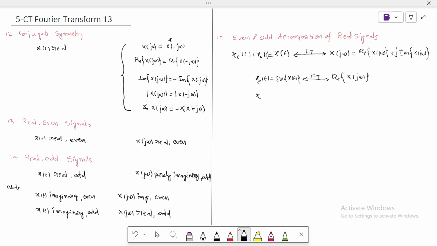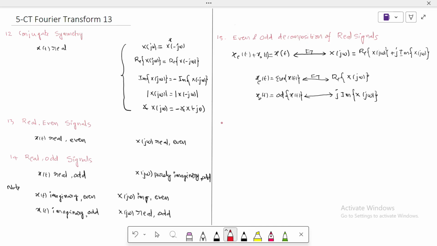The odd part of x of t is equal to j into the imaginary part of X of j omega. So this is the case.